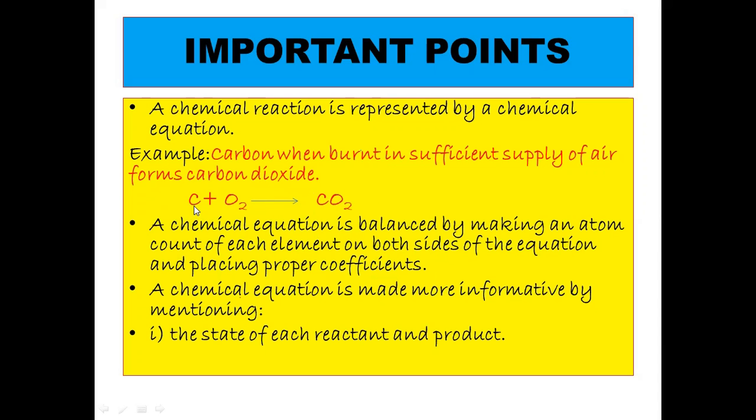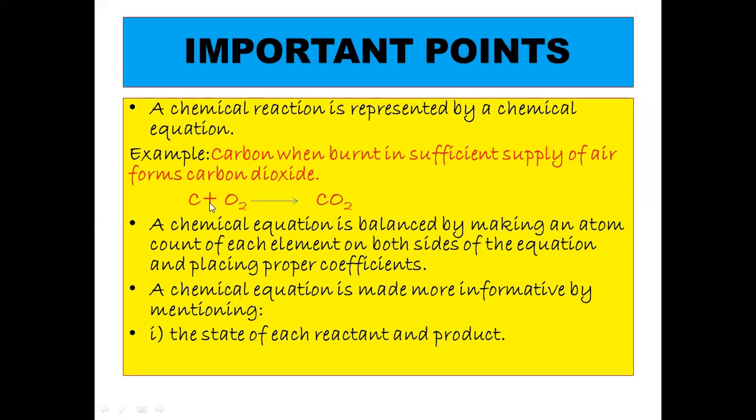So here, which elements are present? Carbon and oxygen. The number of atoms of carbon on the reactant side should be equal to the number of atoms of carbon on the product side. Similarly, the number of atoms of oxygen on the reactant side should be equal to the number of atoms of oxygen on the product side.